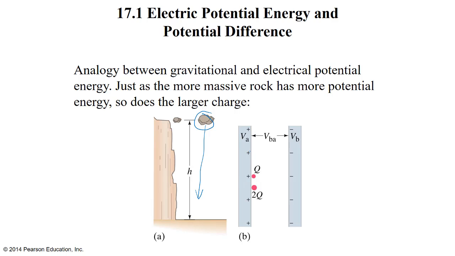It only depends on the strength of the electric field and the distance between them, how far it gets to accelerate in that field. Okay? So we could say that this rock has some gravitational potential, and this rock has the same gravitational potential, even though this rock has more gravitational potential energy because it has more mass.